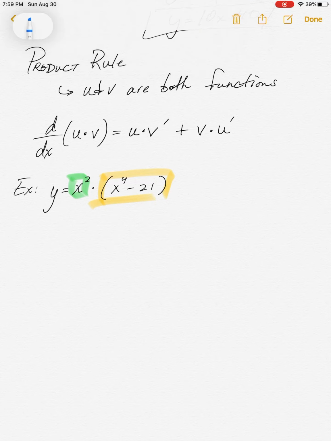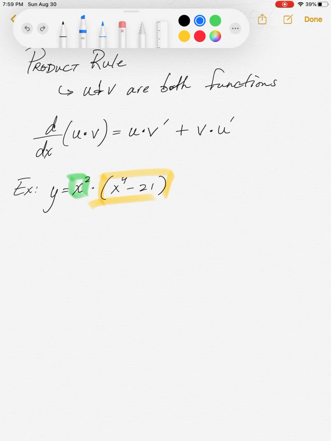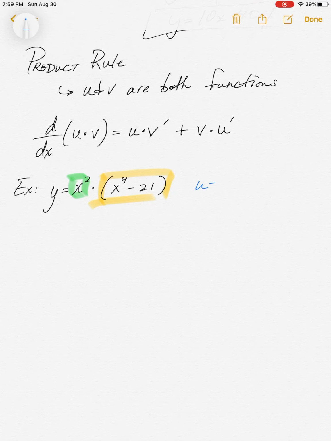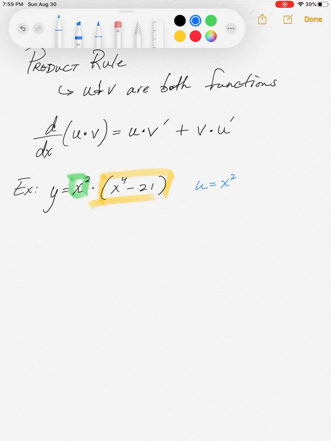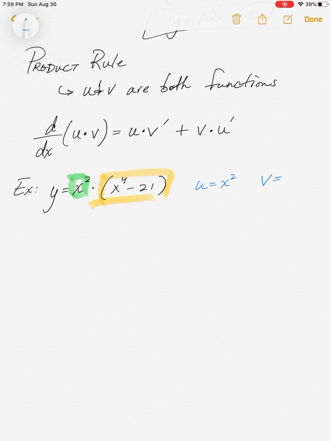So what I'm going to do is write those out. Give me a pen. I'm going to say u equals x squared, and v equals x to the fourth minus 21.